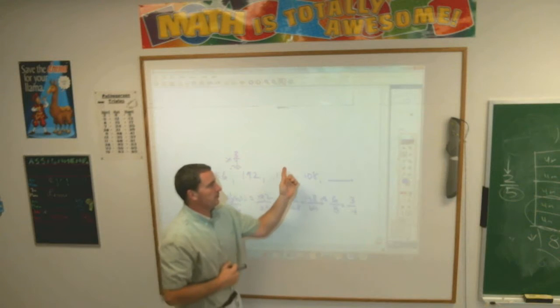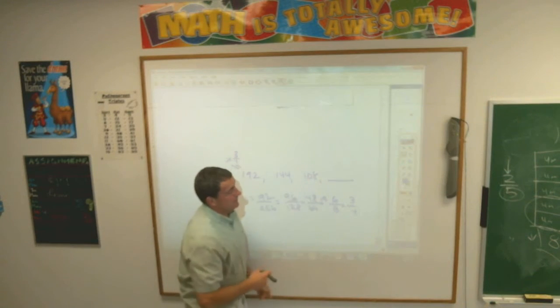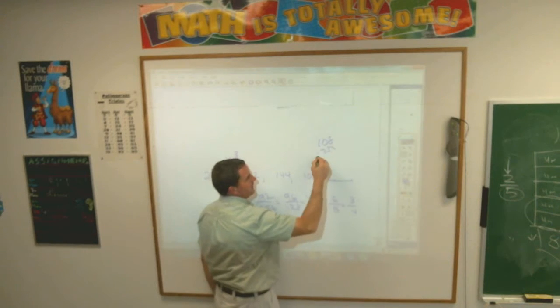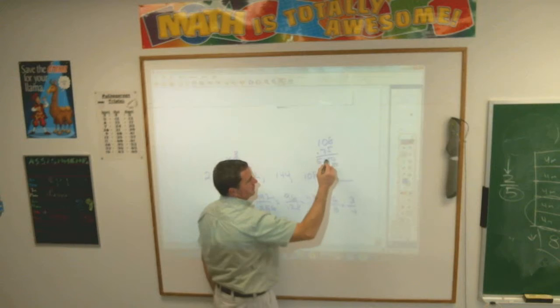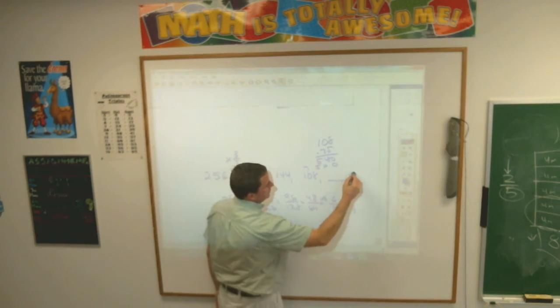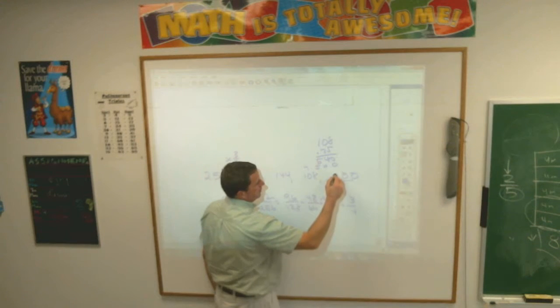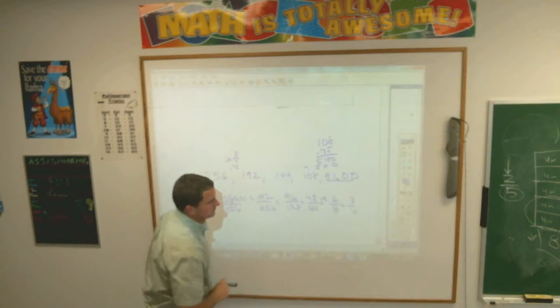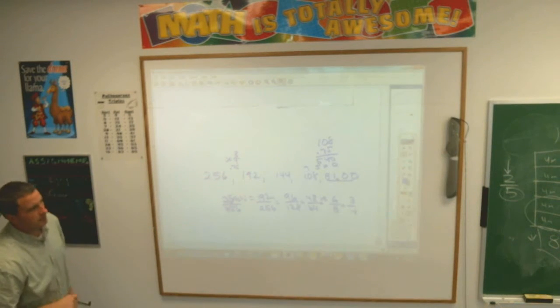If I multiply this by 0.75, I get that. If I take 108 and multiply by 0.75, I'm going to get the next number, which is 81. That would be the next number.